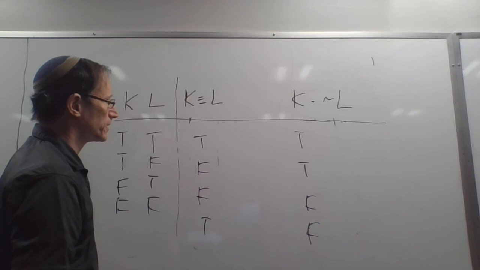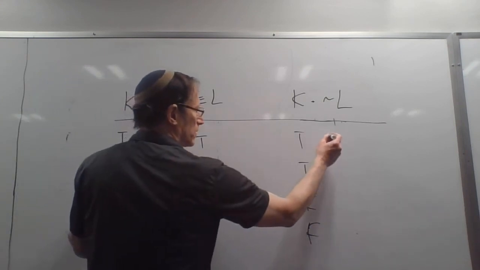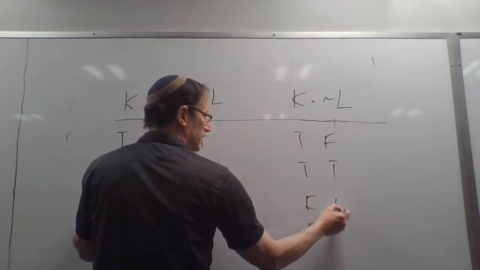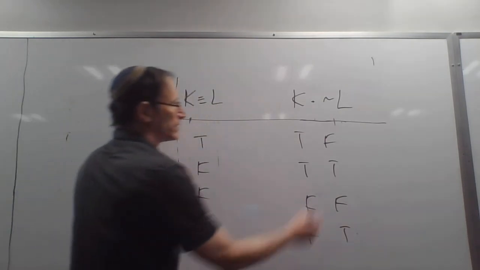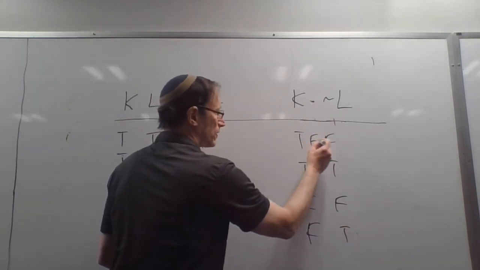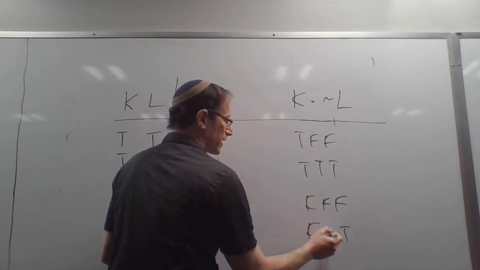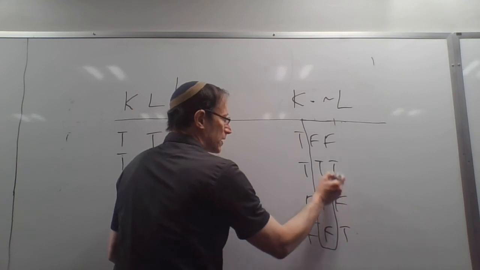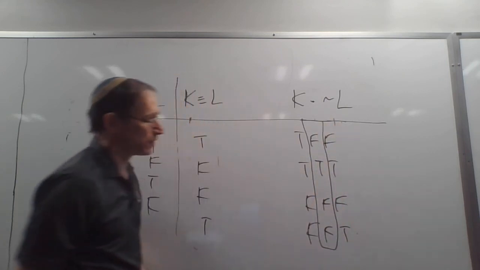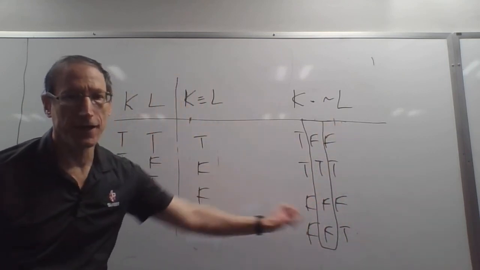It's a little slower, but not L, I'm just going to go F, T, F, T, the opposite of L. Now I do the dot here. This is false, true, false, and false. So the value of K dot not L is like so, F, T, F, F.